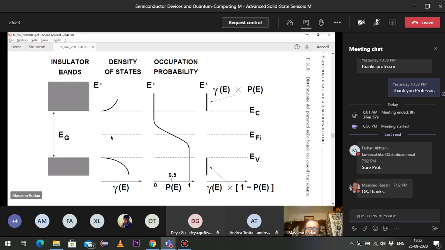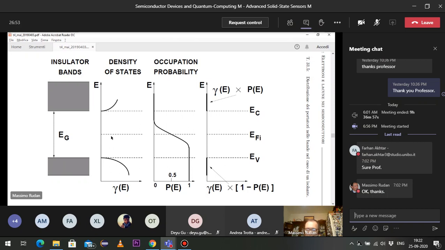So we have one completely empty band, that is the conduction band, and of course the other bands that are above the conduction band are also empty. And the valence band is completely filled, and the other bands that are below the valence band are also completely filled.